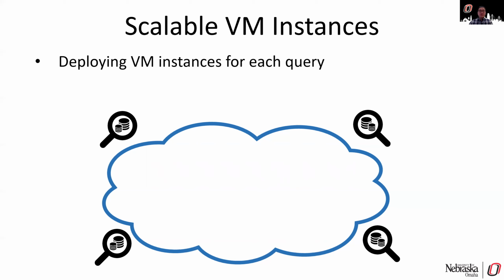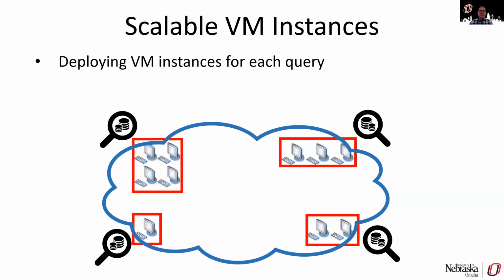By making their system scalable, when a query is sent, only the minimum number of virtual machine instances can be deployed to handle each query. So they can avoid some extra cost for unused compute resources.